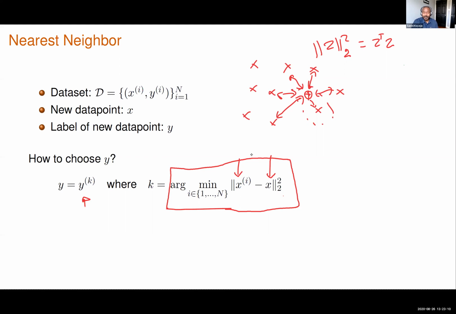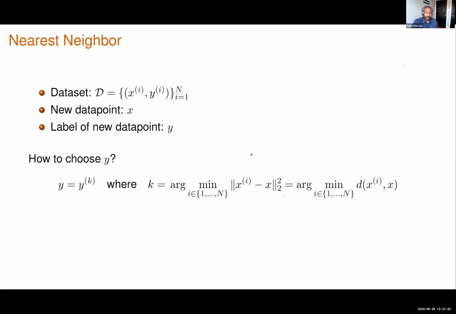However, I think many of you have correctly pointed out that the distance you choose matters a lot. We'll talk a bit more about distances when we talk about clustering. But for now, I think it's worth mentioning, and completely correct, that part of the problem specification is to pick a distance. If I don't want to use L2 distance, I can use some other distance measure, and the behavior will change based on the distance.